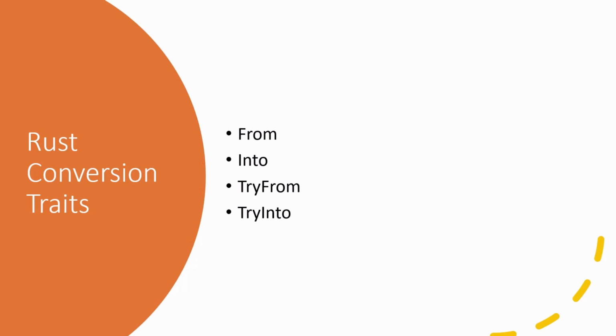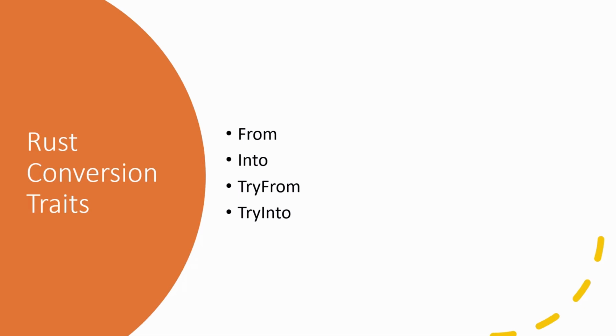Next, the TryFrom trait is used for failable conversion from one type to another. It is often implemented for the target type and defines the try_from method, which returns a result indicating success or failure of the conversion. Next one is the TryInto trait. It is the opposite of TryFrom.